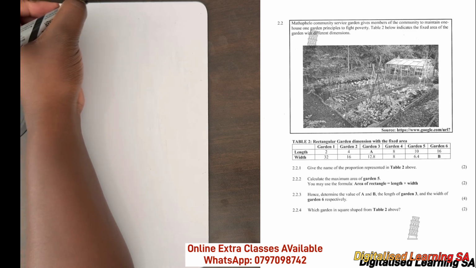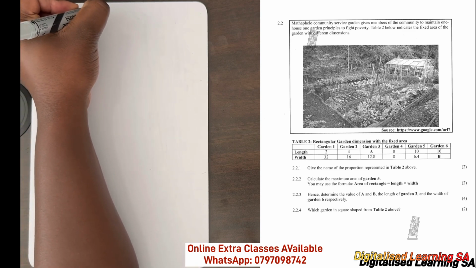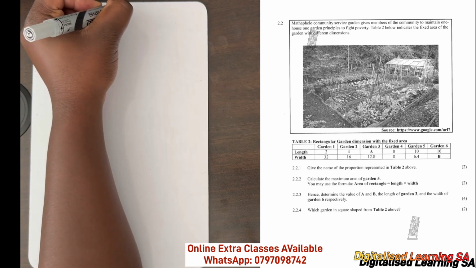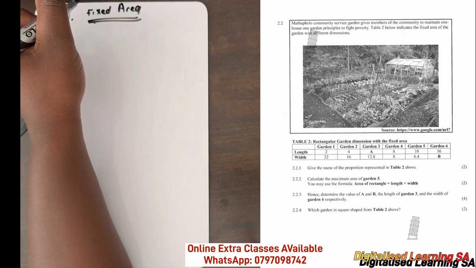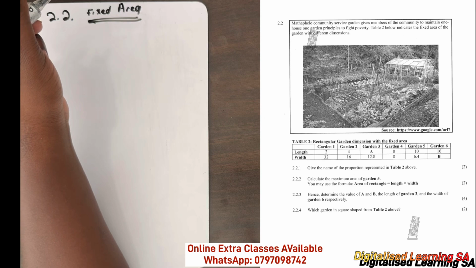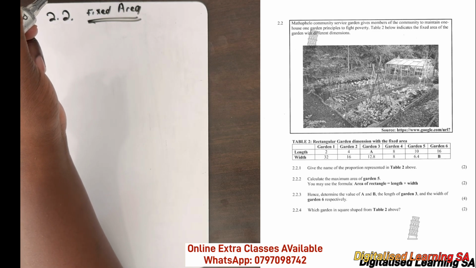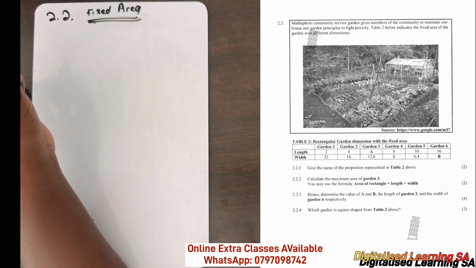That's why we are told there is a fixed area. So the area will be the same for all the gardens. Without wasting any time, let's go ahead and answer the set of questions given for this scenario.